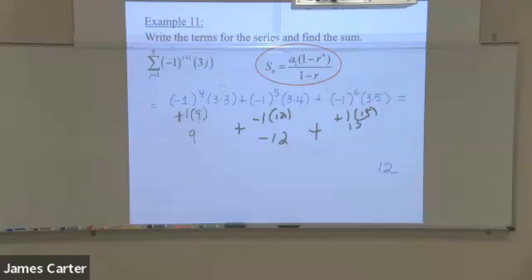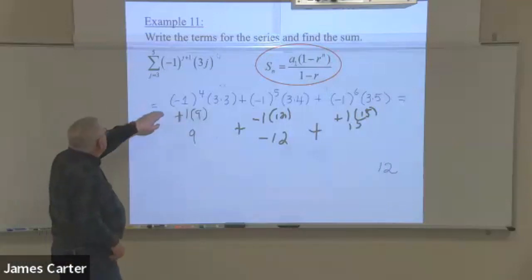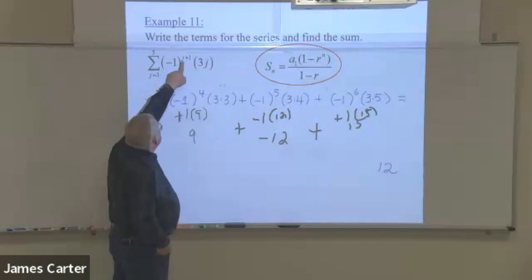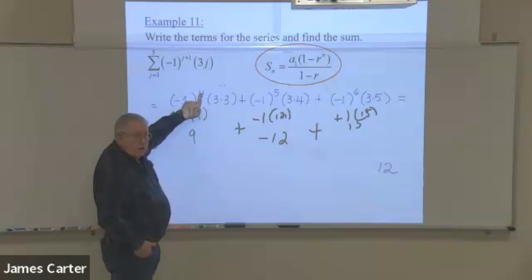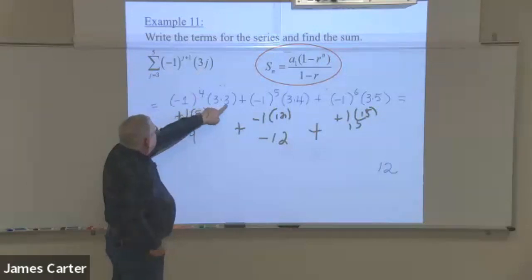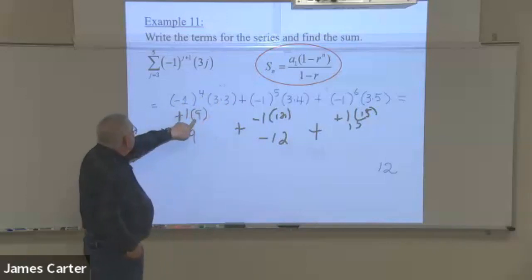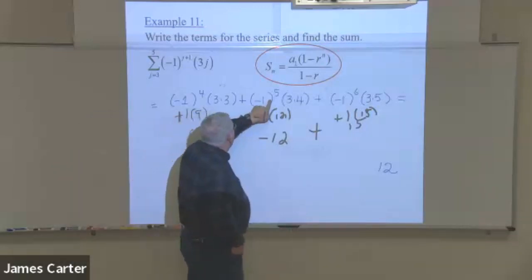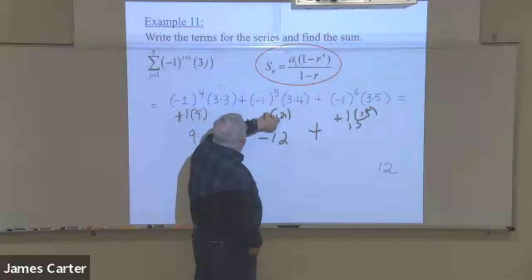Now, if we look at this one, we're going to multiply this first term out. We're starting with 3. So 3 plus 1 makes the 4. And then over here, we would have a 3 again. So we multiply all together and we end up getting 9. Here, 4 plus 1 is 5.